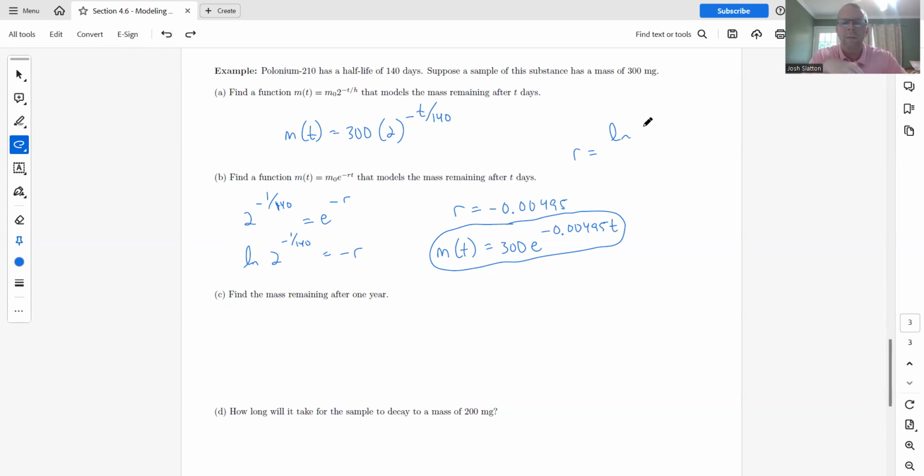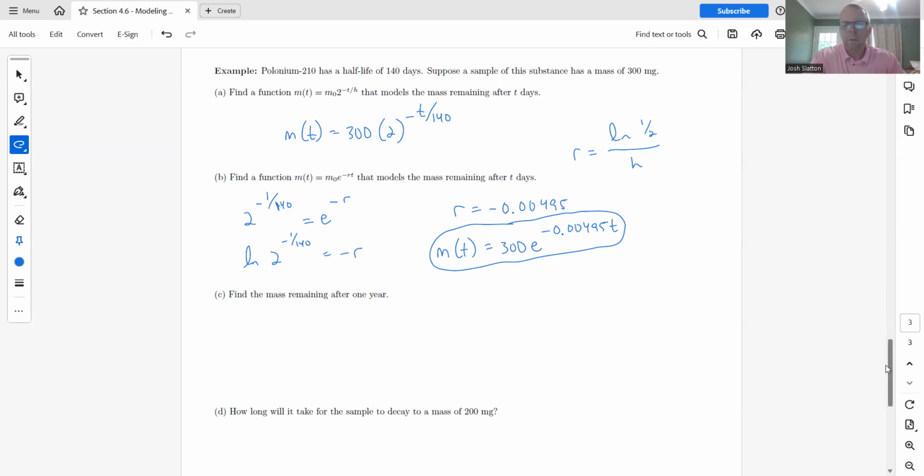Should be ln of 2 over, no, ln of 1/2, sorry, I didn't work this out beforehand. ln of 1/2 over h, that would work, and that would give you a negative r. So r is supposed to be negative because we're decaying. So ln of 1/2 is negative, and then divided by the positive half-life, which would be 140 in this case.